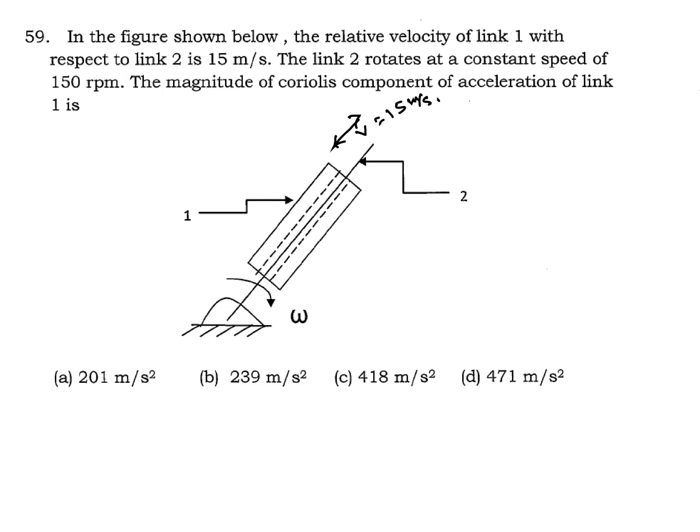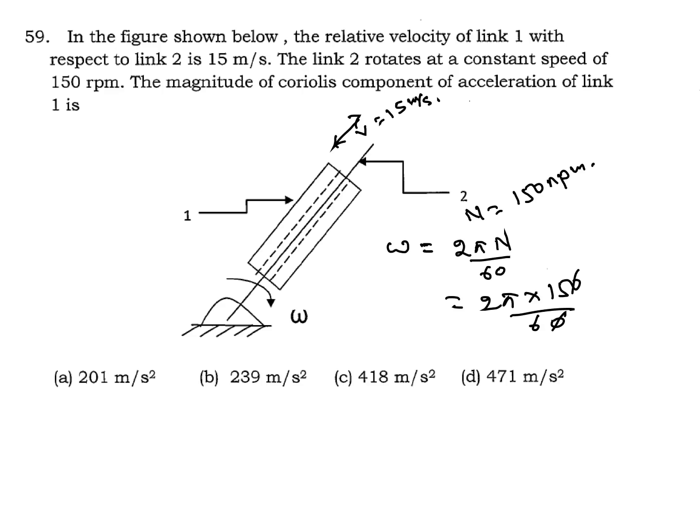So angular velocity of link 2 is 2 pi n by 60. So 2 pi into 150 by 60, then 5 pi radian per second. Omega we got. We have to calculate magnitude of Coriolis component.